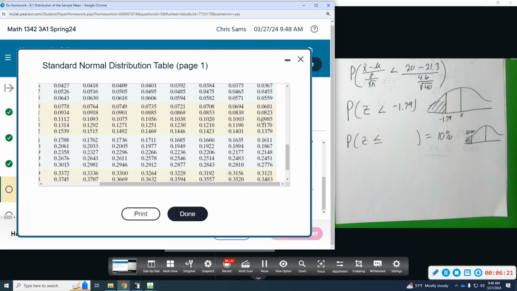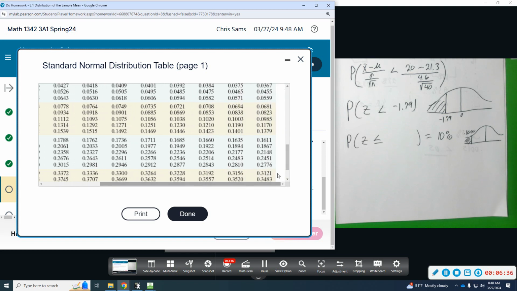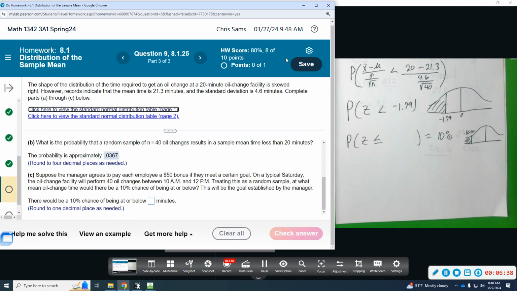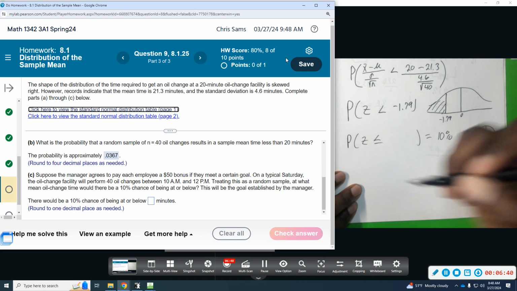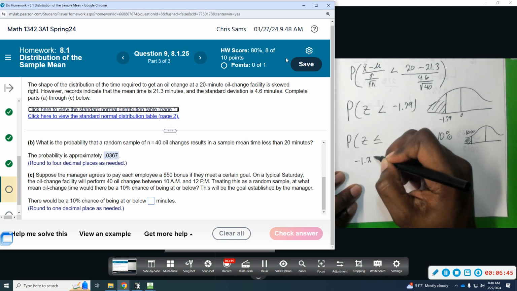Okay, so right here, this row and column, can't tell what row we're on. 1.2, 0, 1, 2, 3, 4, 5, 6, 7, 8, 1.28. Okay, so we are looking at this Z value being a negative 1.28.